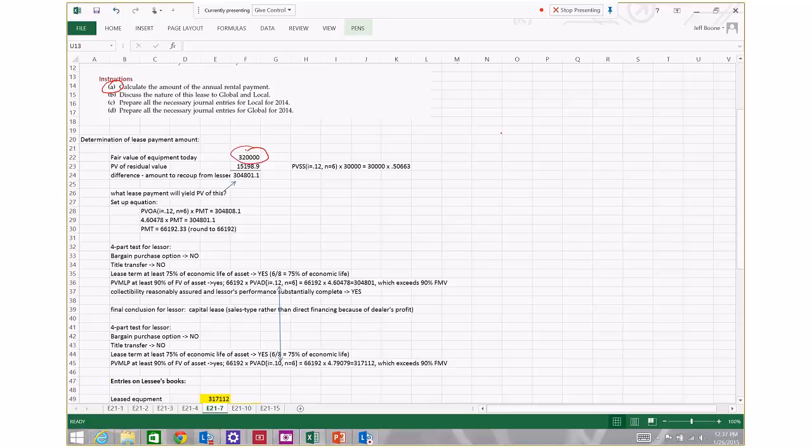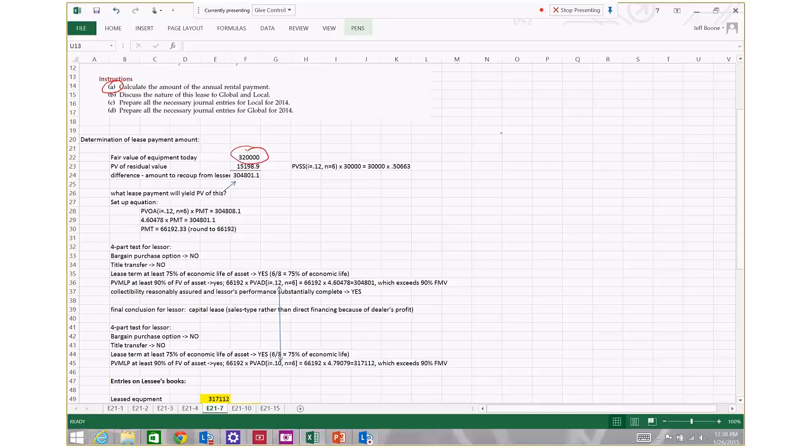At the end of the lease term, the equipment is going to be worth $30,000, and we're going to get that equipment back. But for the right to get something back worth $30,000 6 years from now, we need to figure out what the value of that right is today, the day that we're entering into this lease agreement.